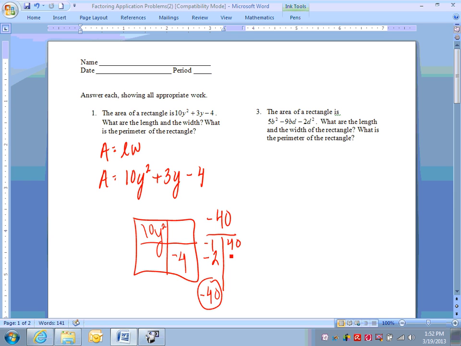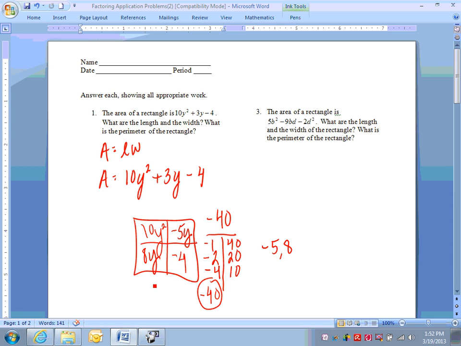And then there's negative 2 and 20. There's negative 4 and 10. And the last one I'm going to write off to the side is negative 5 and 8. So we know now that I'm going to put negative 5y and 8y, because we're dealing with the variable y.